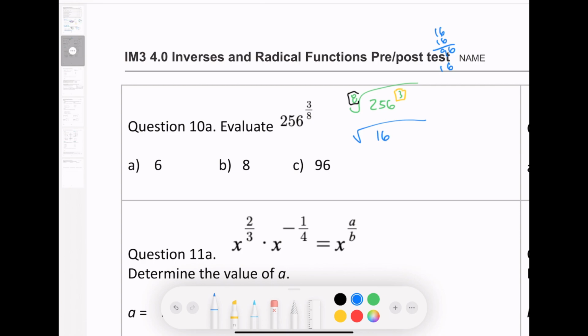So 16 to the power of 2 is 256, and I still have that 3. And I can break it down one more. 16 is 4 squared times 2 times 3.